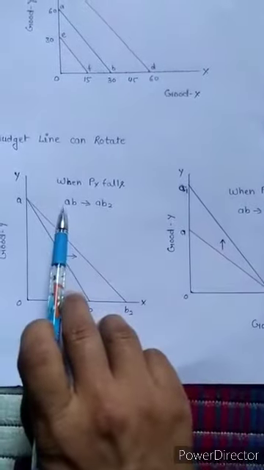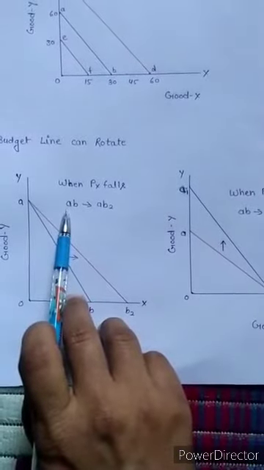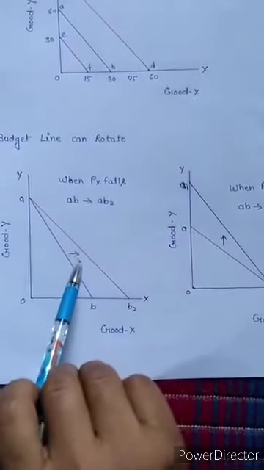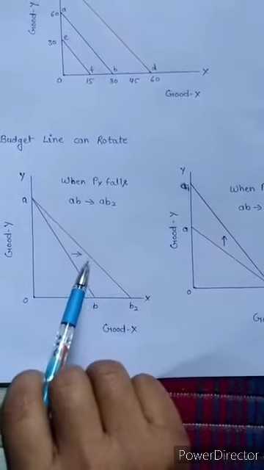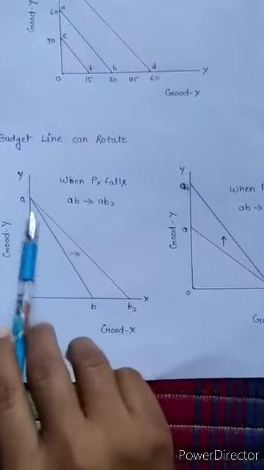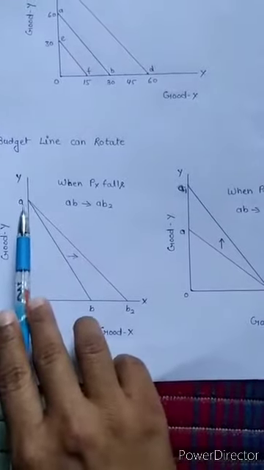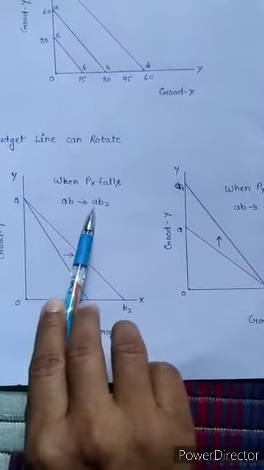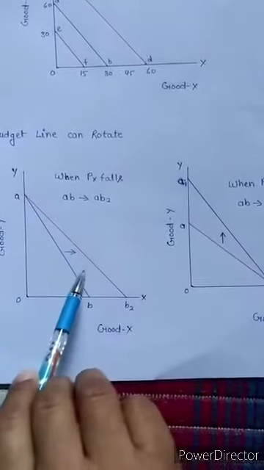Here the primary budget line is AB. When the price of X goods falls or decreases, the budget line shifts from AB to AB1.